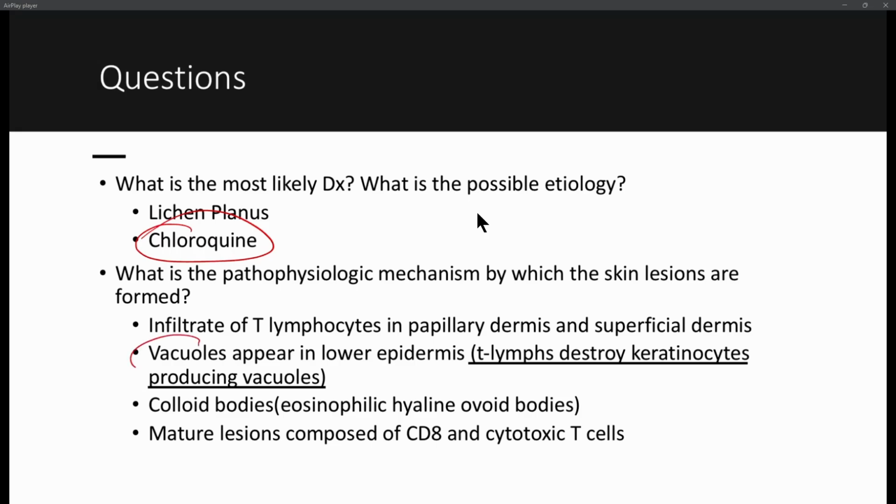Vacuoles appear because the inside is being destroyed. The T lymphocytes destroy those keratinocytes, so there's nothing left, you have a void now because you destroyed all the cells inside. We get colloid bodies. They have these eosinophilic, and then obviously mature lesions, CD8s, are there as well.